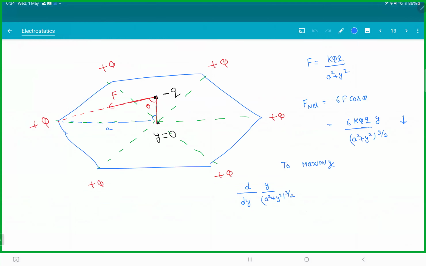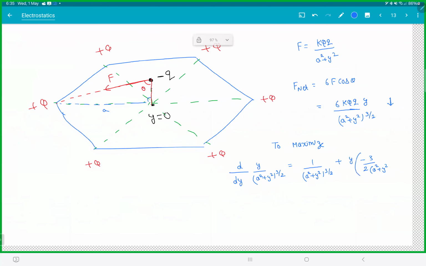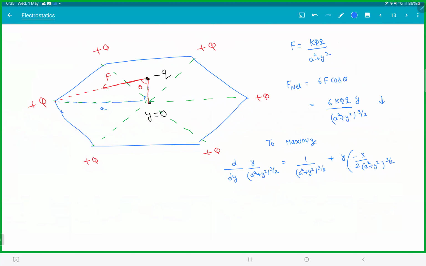So let's differentiate this. The diagram has become very big. First differentiate y. So that will be dy: 1 by (A square plus Y square) whole to the power 3 by 2, plus y times the derivative of that, which would be minus 3 by 2 (A square plus Y square) to the power 5 by 2, then differentiate whatever is inside, chain rule, that would be 2y, is equal to 0.